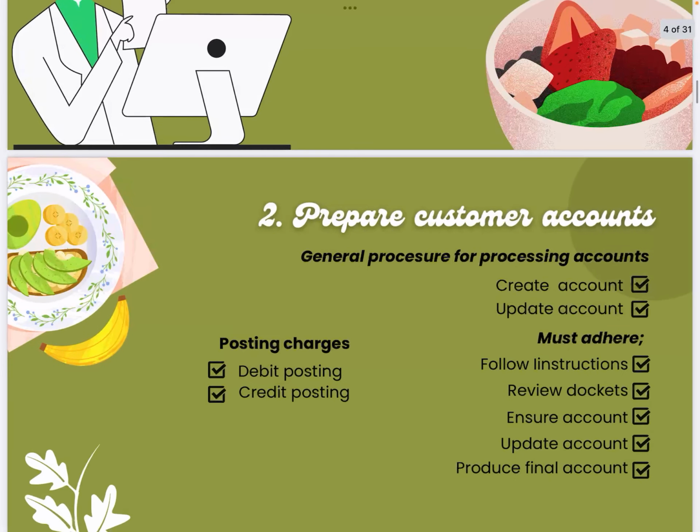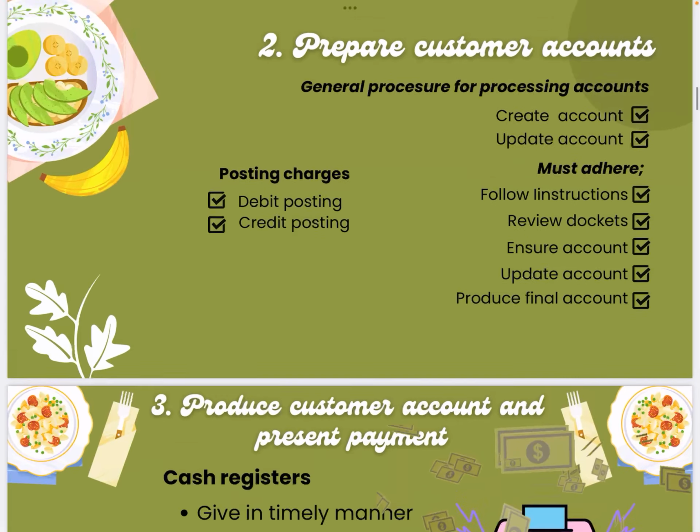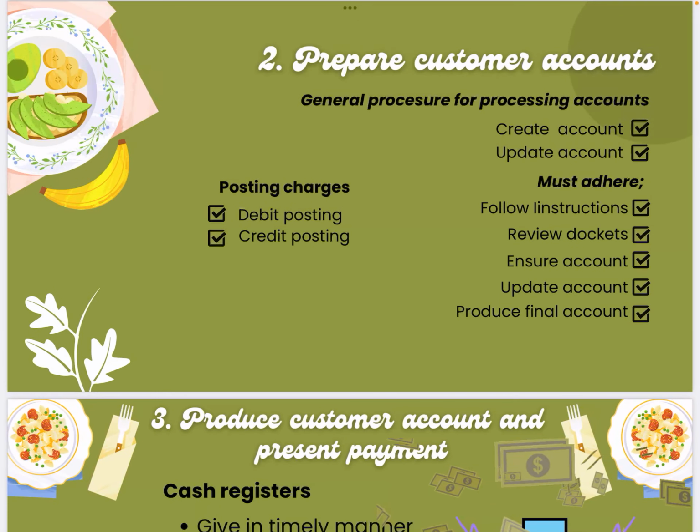Okay, now number 2, prepare customer accounts. How are you going to prepare a customer account? The general procedure for processing accounts is to create the account and to update the account. Whenever you're creating accounts, it's basic information, like I've said earlier, the names and what they have asked for.